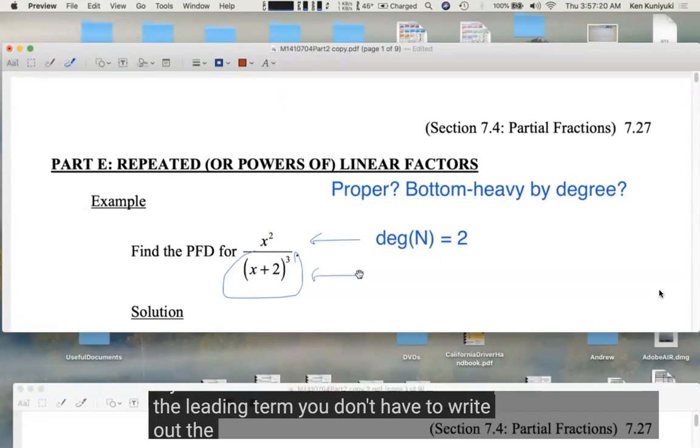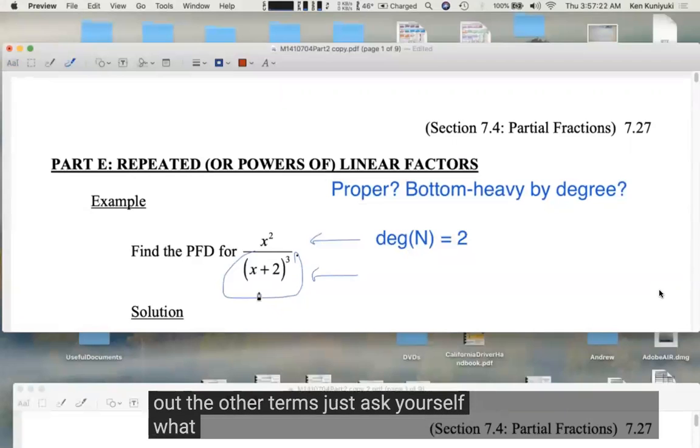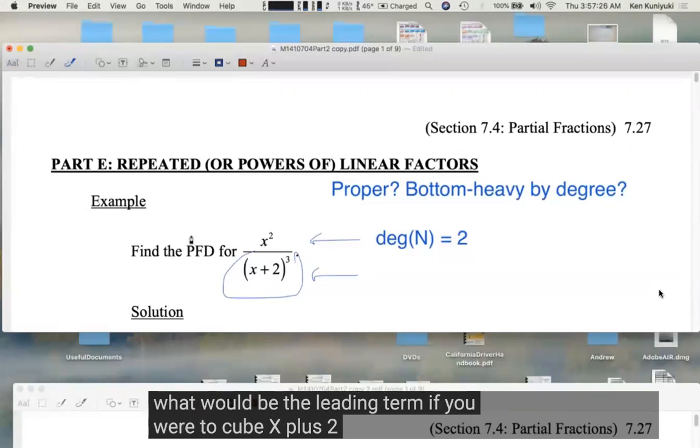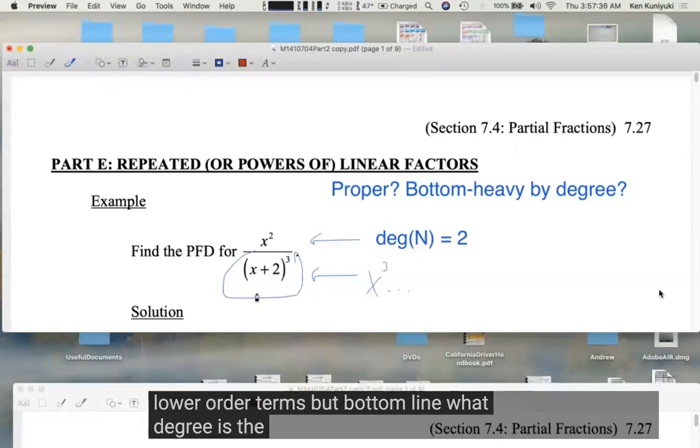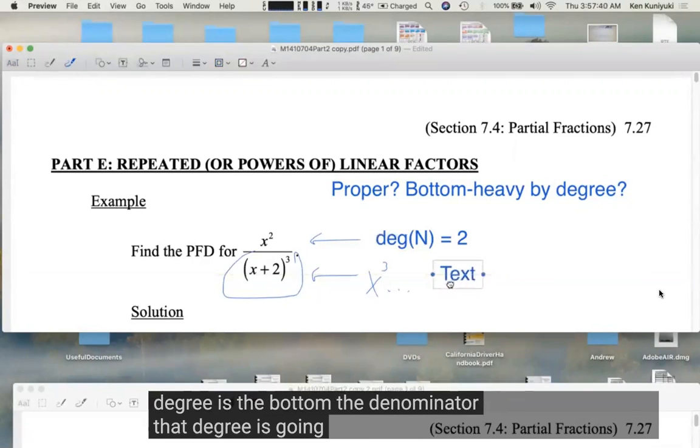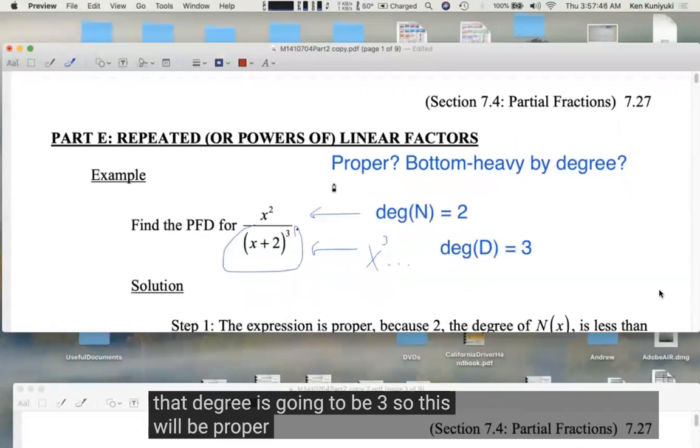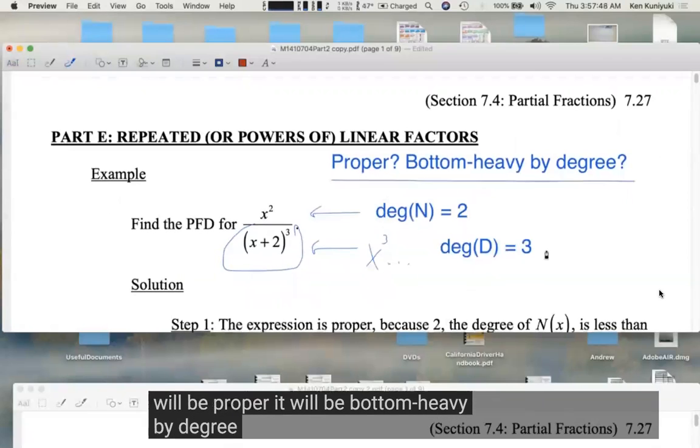You don't have to write out the other terms. Just ask yourself, what would be the leading term if you were to cube x plus 2? The leading term would be x cubed, and then you would have lower order terms. But bottom line, what degree is the denominator? That degree is going to be 3. So this will be proper. It will be bottom heavy by degree.